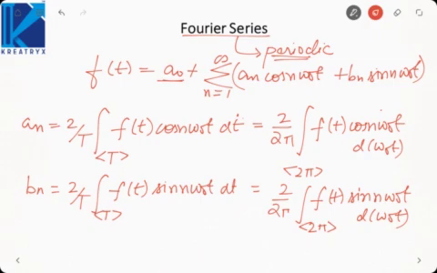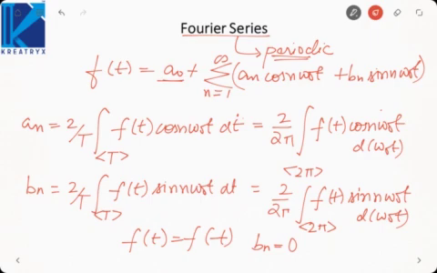Now there are some properties of Fourier series that must always be kept in mind. If the waveform is an even function, meaning f(t) is equal to f(minus t), then it implies Bn is 0. Only a0 and an are non-zero.